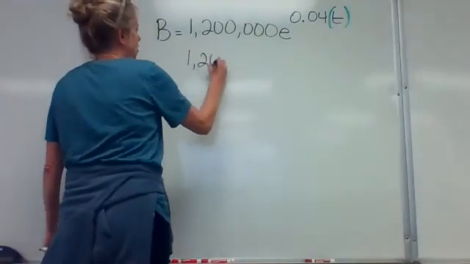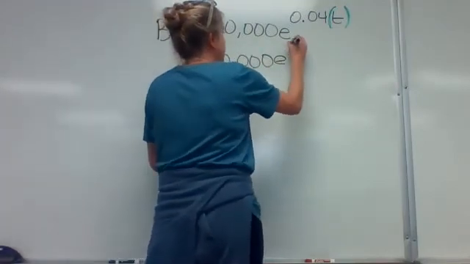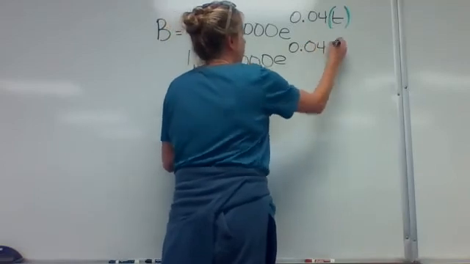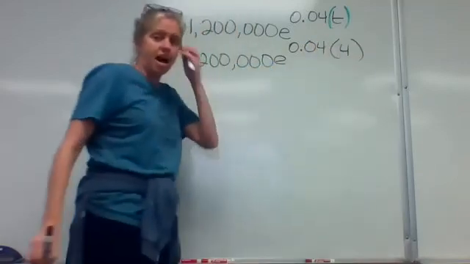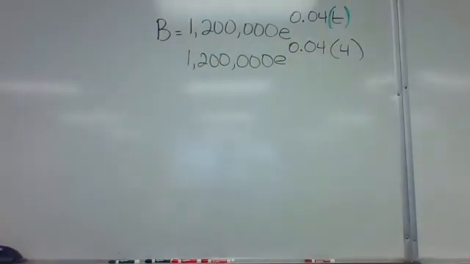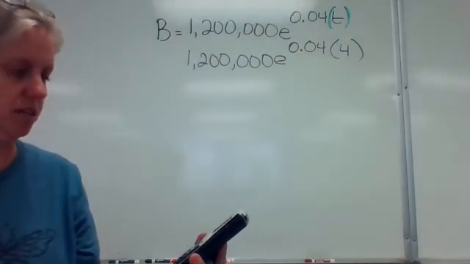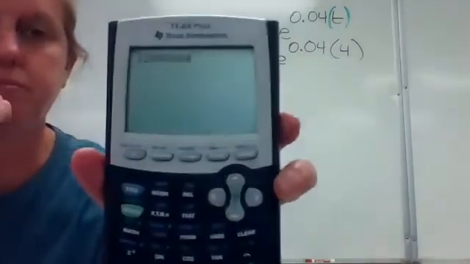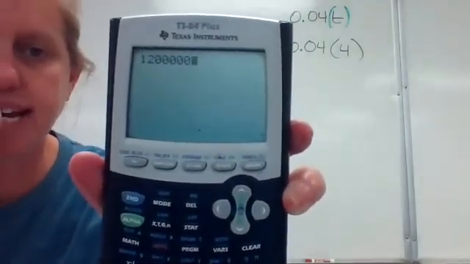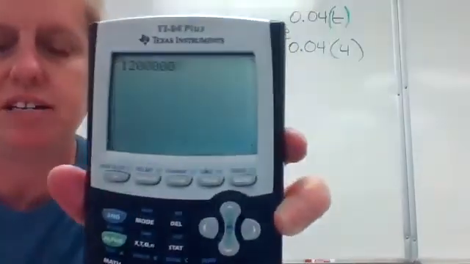So 1,200,000 e to the 0.04 times 4, and that goes in your calculator. So 1,200,000 e, so second, and then your ln button gives you your e.